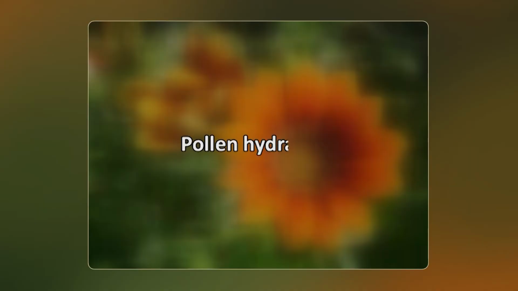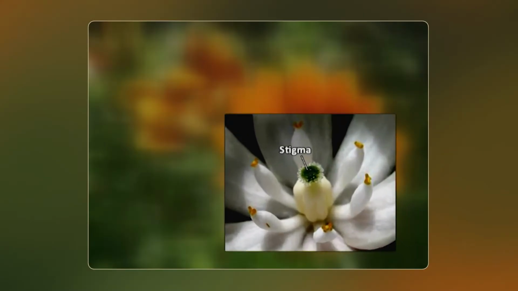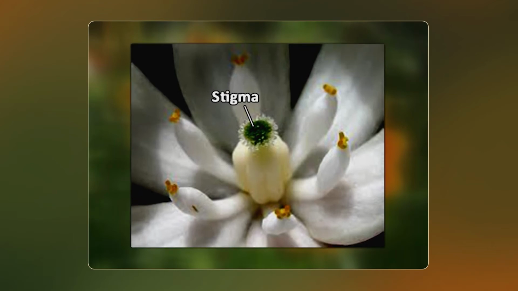Now, let us come to the second interaction, that is pollen hydration. After pollen adhesion to the stigma, pollen hydration is a critical event for successful pollen germination or pollen tube growth. The process of hydration is supposed to have divergent mechanisms in angiosperms, since there is a wide diversity in the nature of the stigmatic surfaces in the angiospermic group as a whole.